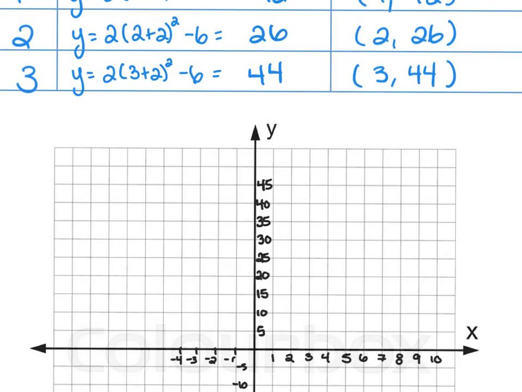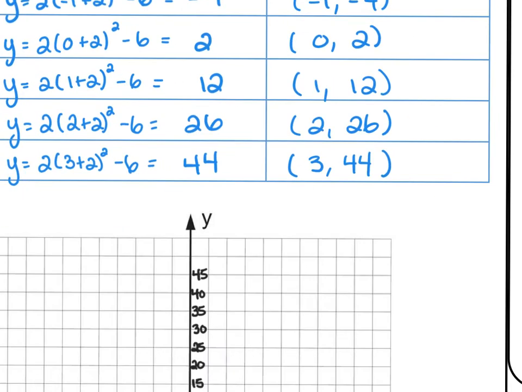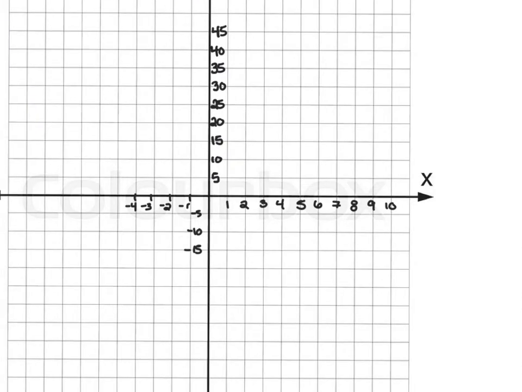So the first point was -2, -6. I'm going to use a different color. So -2, -6, which is just below this -5. So I'm going to plot it right here.